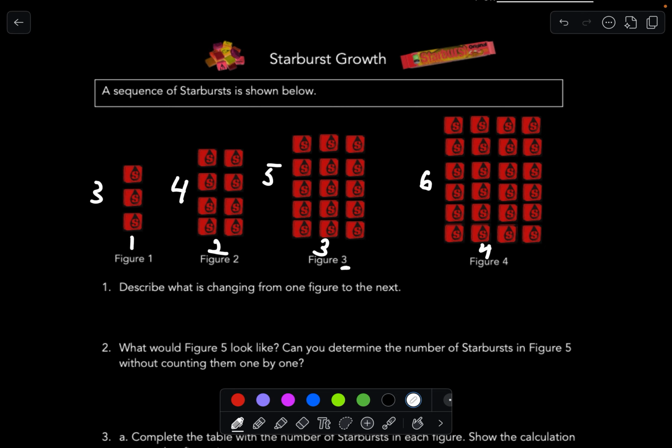Okay, what is changing? Well, the number of columns and rows are increasing.